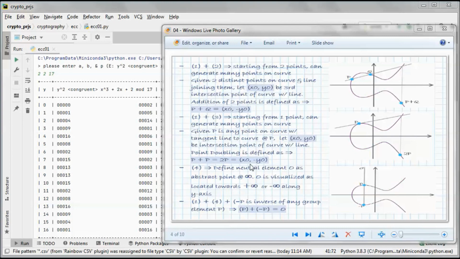So O is visualized as located towards plus infinity or minus infinity along the y-axis. And we also take advantage of our first and our fourth observation, and the fact that minus P is the inverse of any group element P. So this means that P plus minus P is equal to O.